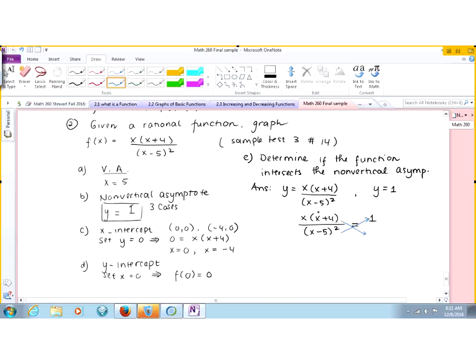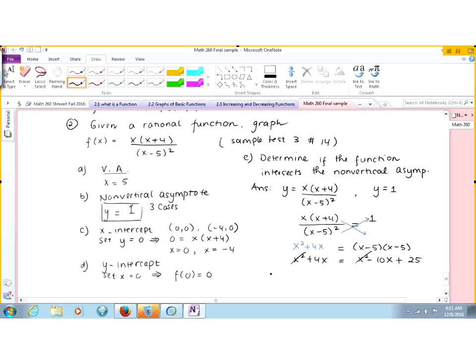So we could cross multiply. So x squared plus 4x is equal to x minus 5 squared. What is x minus 5 squared? x squared minus 10x plus 25.